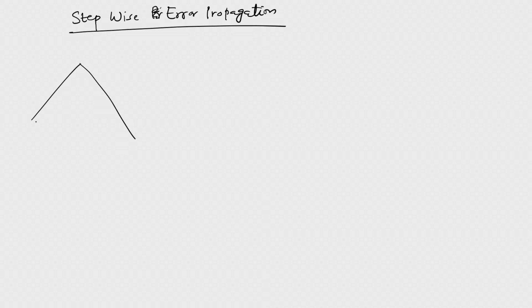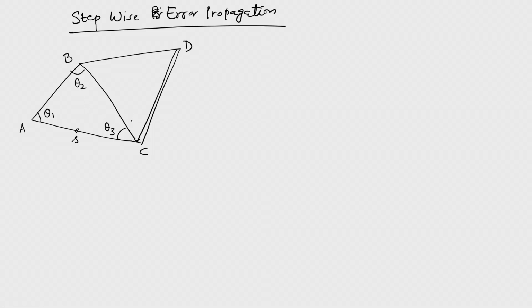I have a series of triangles. I measure this network of triangles, with points A, B, C and D, and angles theta 1, theta 2, theta 3, theta 4, theta 5 and theta 6 here.